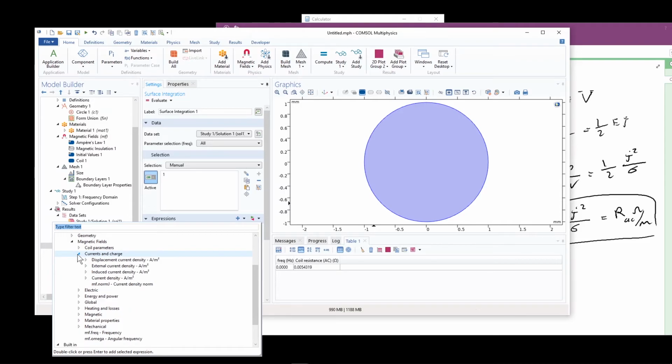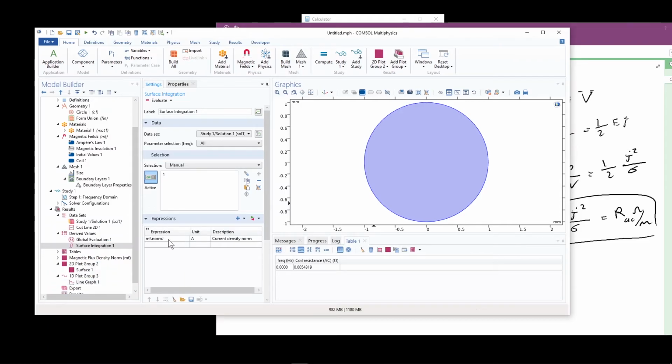So we come here, electric current, norm of current density, but I want to power it by 2, and it should be divided by sigma, which was 5.86 e power 7. I should have defined the parameter. This gives us the AC resistance per meter, which actually gives us exactly the same value as we obtained before. Now we're going to check this also for the other cases.